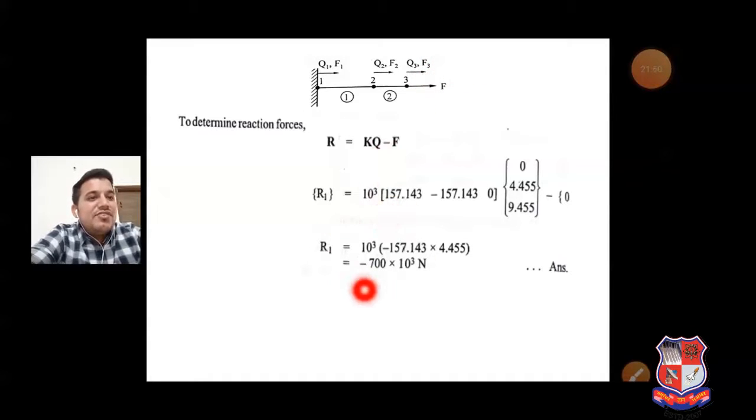If you have some mathematical problem in your steps, then you can compare it properly. If it is not 700 into 10 raised to 3 Newton, something is wrong, okay? It is a minus sign because both forces are equal and opposite. That's why it is the equilibrium condition for the beam.